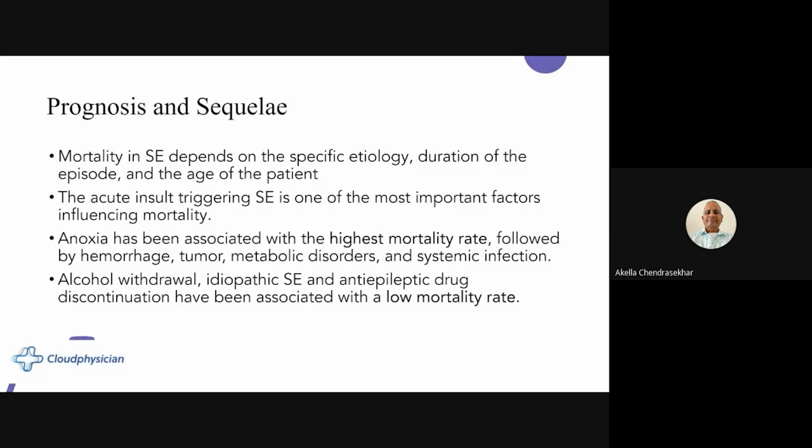Now, if you look at acute insult, what we see a lot of in the ICU is one of the most important factors that influences mortality as far as patients with seizures in the ICU go. So you have to think aggressively about what's going on. Remember also, if a patient is seizing, they're going to have a significant metabolic acidosis, right?